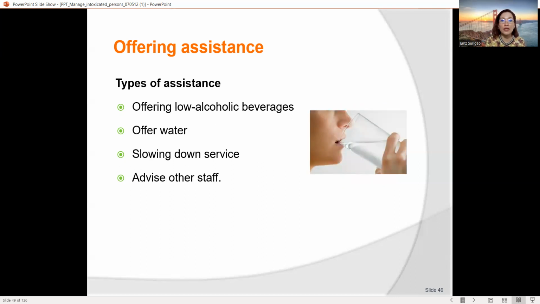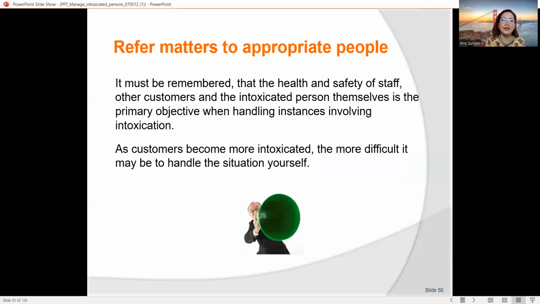Types of assistance: offering low alcoholic beverages, offering water, slowing down the service, or advising other staff so that the control of alcoholic beverages will be managed. Refer matters to appropriate people. It must be remembered that the health and safety of staff, other customers, and intoxicated persons themselves is the primary objective when handling instances involving intoxication. As customers become more intoxicated, the more difficult it may be to handle the situation yourself.